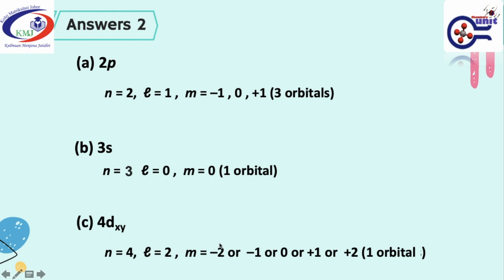So only one value of m can represent one orientation because one orientation shows one orbital only. So you only need to write one value of m. It's either negative 2 or negative 1 or 0 or positive 1 or positive 2.